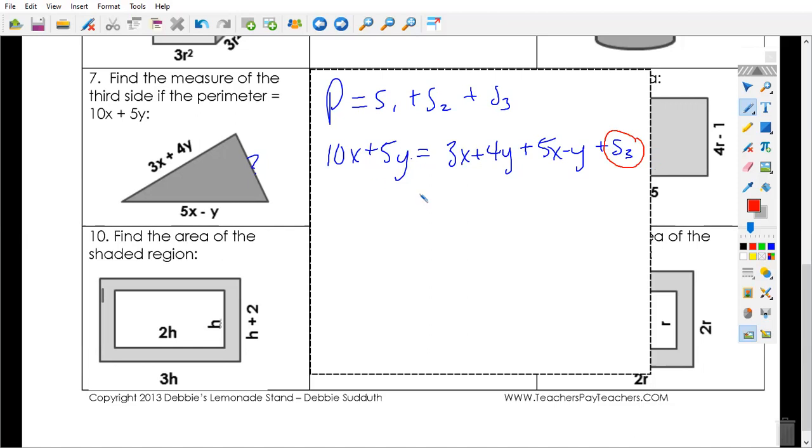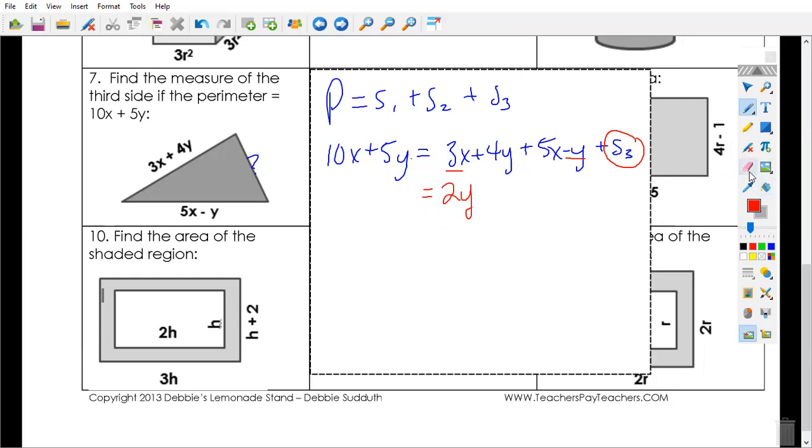So I want to simplify that right side. If I have 3x minus y, that gives me what?